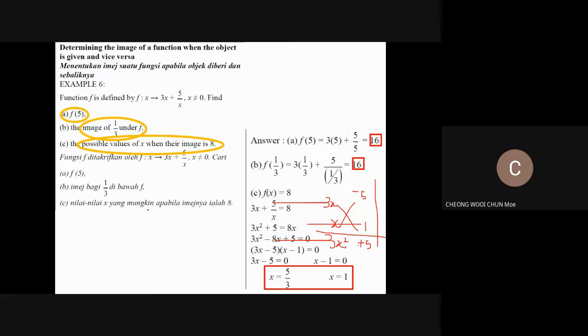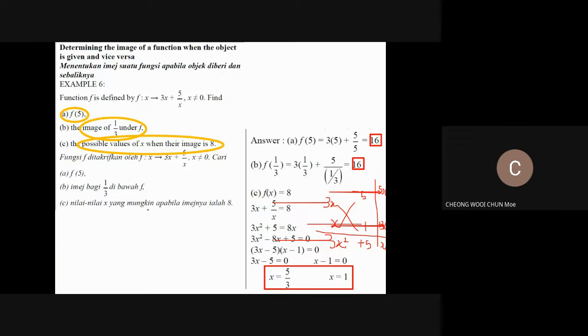Okay, so negative negative positive, 5 times 1, 5. Then negative 5 times x, negative 5x, and this one is 1 times 3x, positive 3x. So here becomes x, so negative 5 plus 3 you get negative.